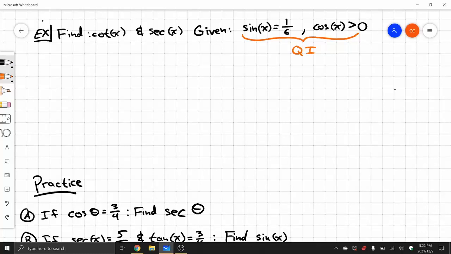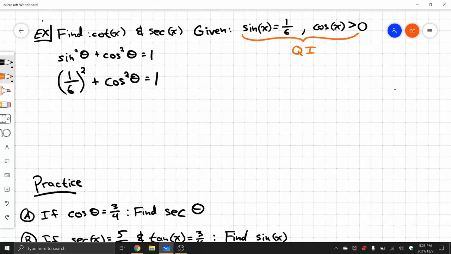Okay, so let's go ahead and use straight away our sine squared theta plus cosine squared theta is equal to 1, okay? And I know that sine theta is 1 over 6.